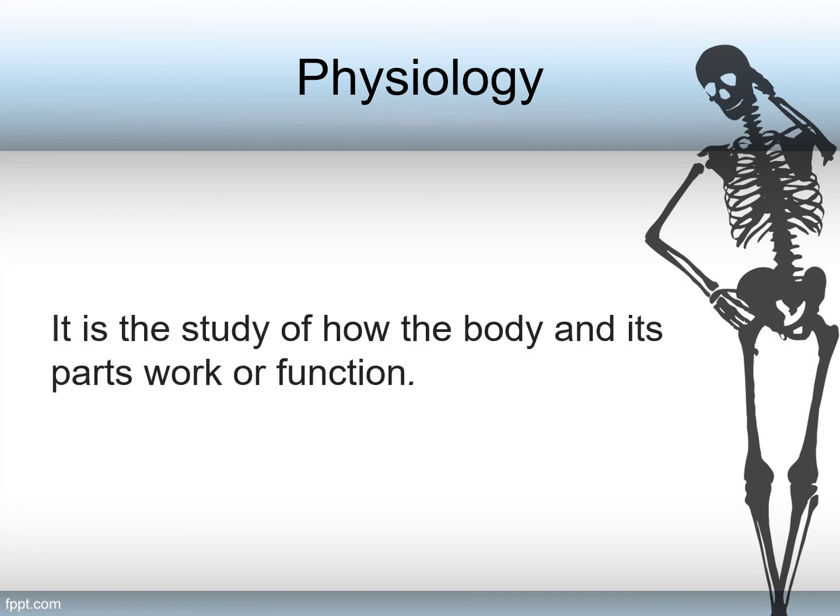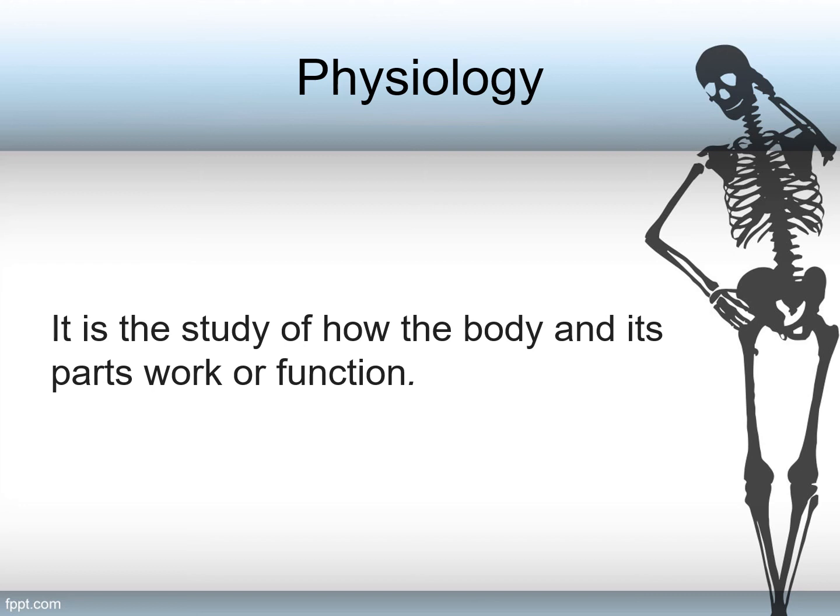All right, so now that we have already defined what anatomy is, it's time for us to define what physiology is. If anatomy is about the structure of the body and the parts, as well as the relationship of these parts to one another, physiology, on the other hand, is the study of how the body and its parts work or function.